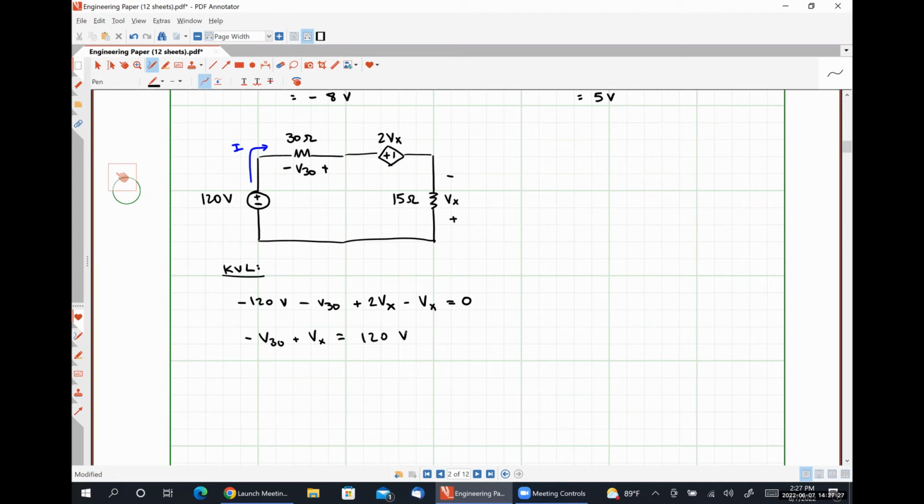So we have a little bit of a problem here, in as much as we have a single equation, but two unknowns. This is where Ohm's law is going to come into effect, okay? So we're going to write two Ohm's law equations.